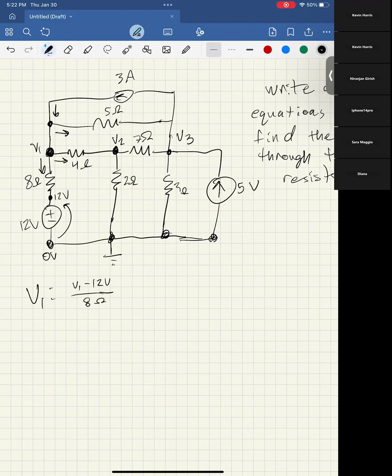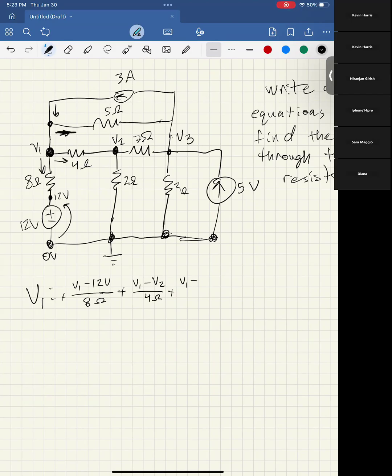Remember, since we're saying that every voltage or every current is going out, this is positive, and then we're going to do the next one. I'll do the one going through the 4 amp. So this would be V1 minus V2 over 4. And then the next one, now I'm going to do this one here.